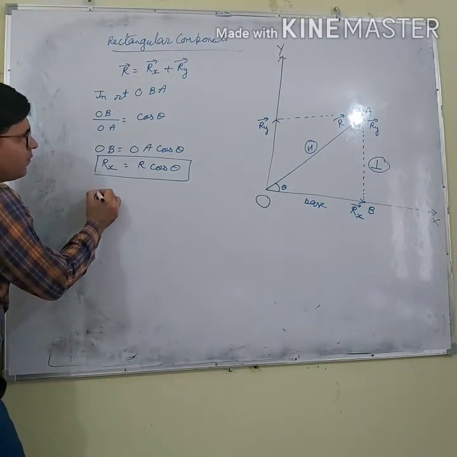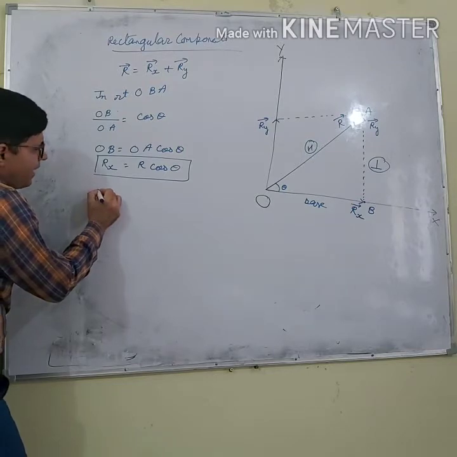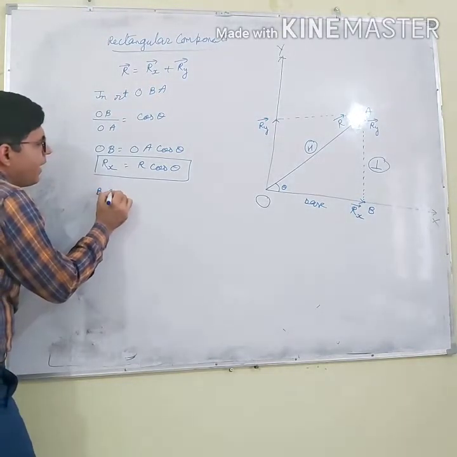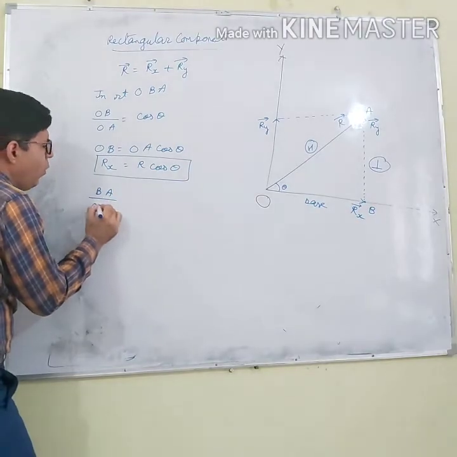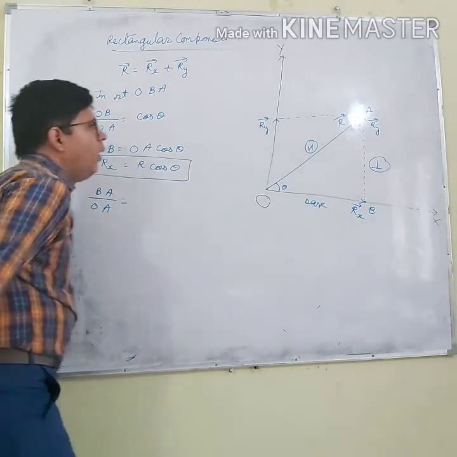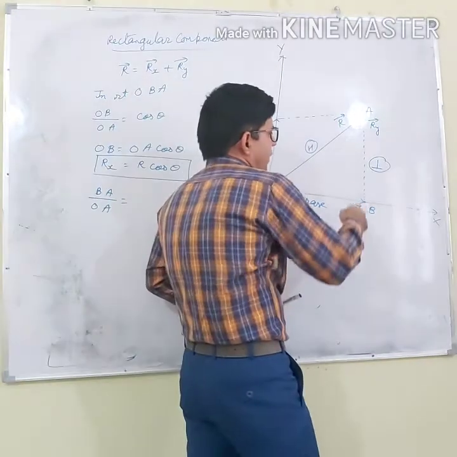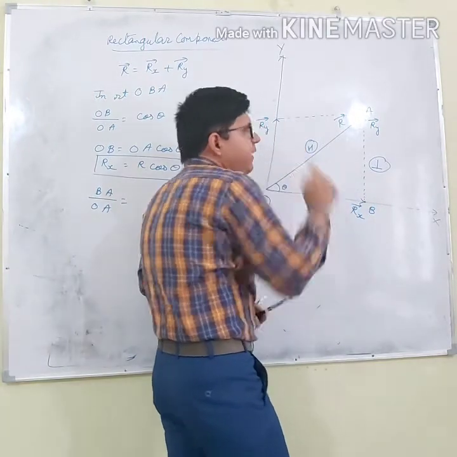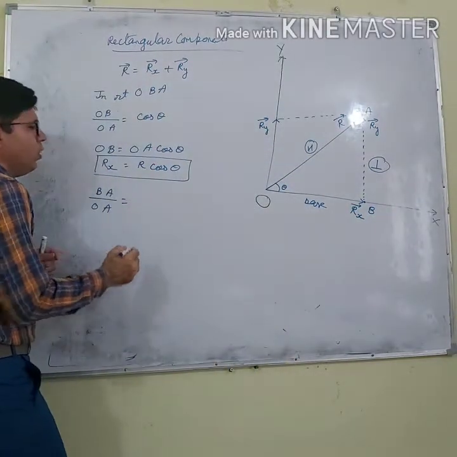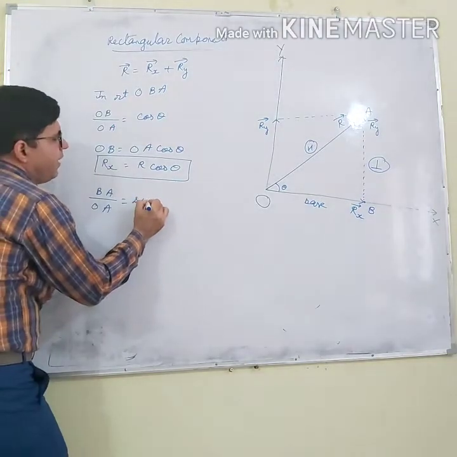Now, if I write BA upon OA, what is BA? Perpendicular. And what is OA? Hypotenuse. Perpendicular upon hypotenuse is sin theta.